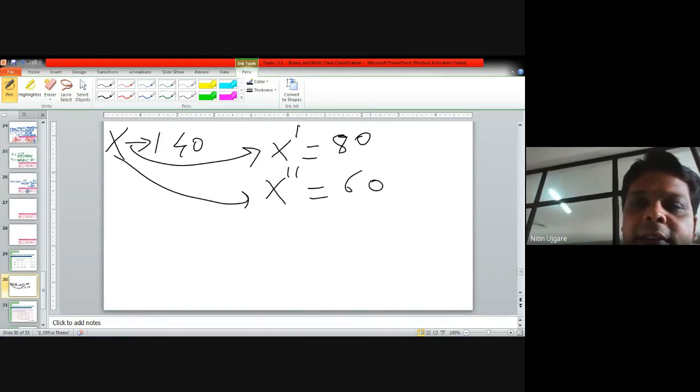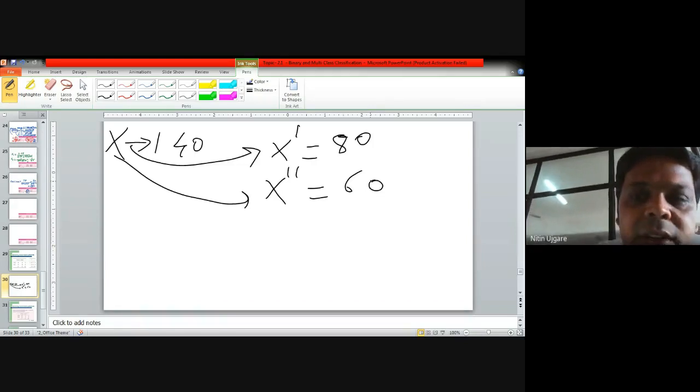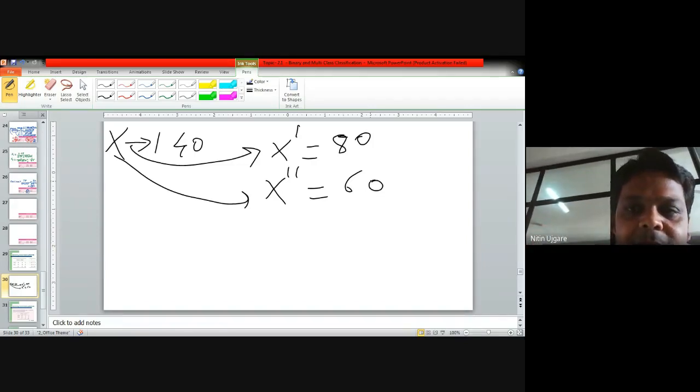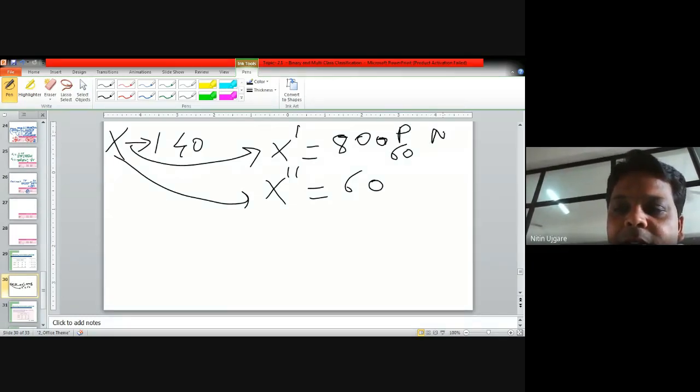I observe each of these two subsets. I found that the total number of positive instances in the first set is 60, and the total number of negative instances in this set is 20.